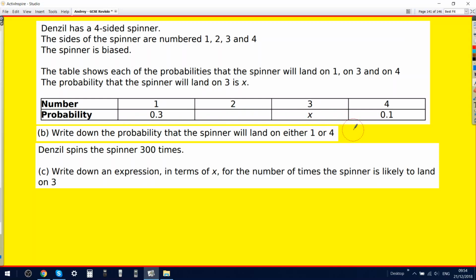Yeah, that's all it is. And C. It'll just be like 1 minus 0.3 minus 0.1 minus y or something equals to x.